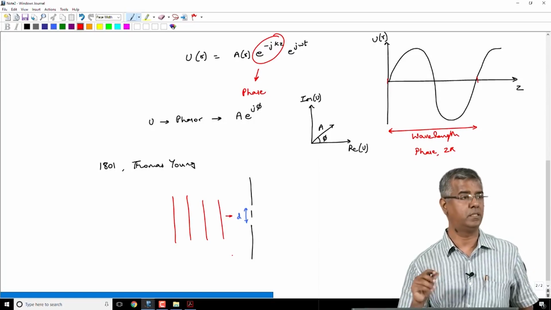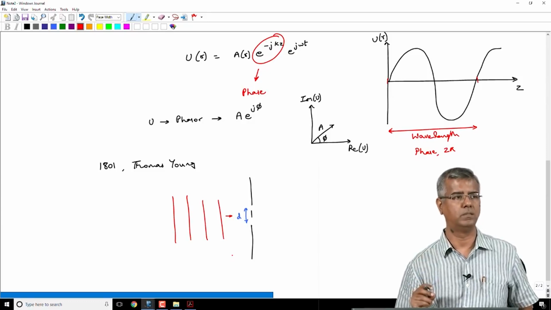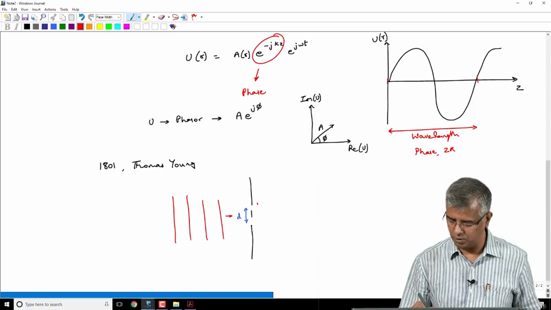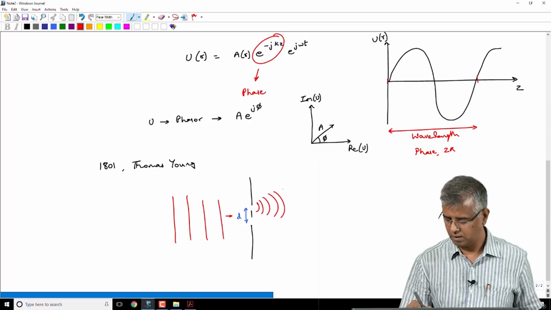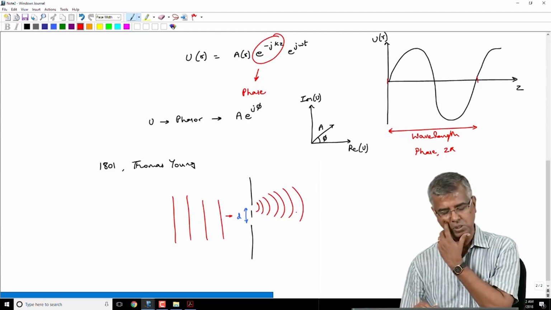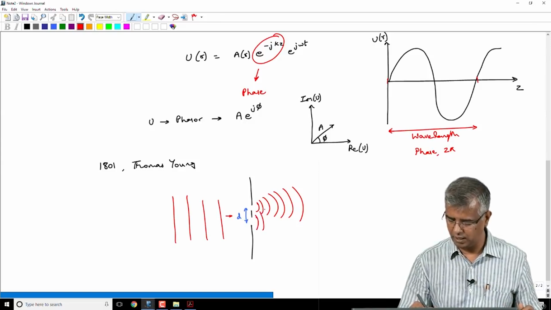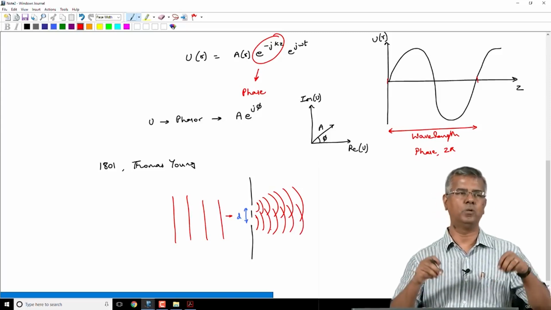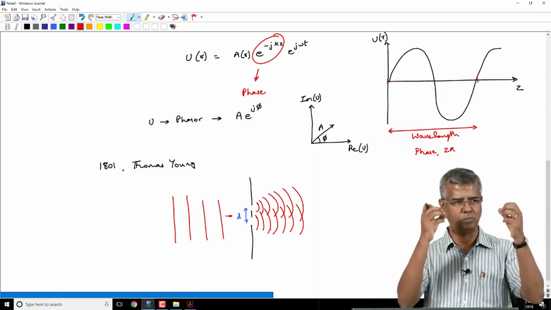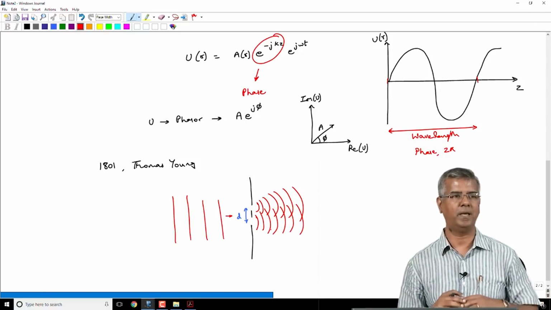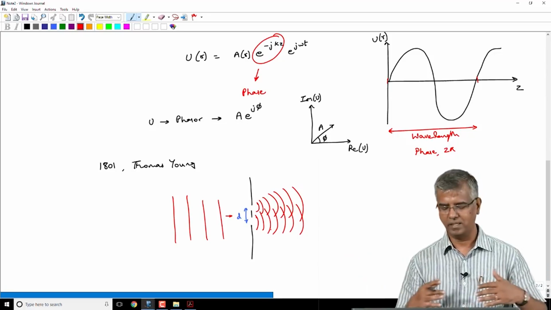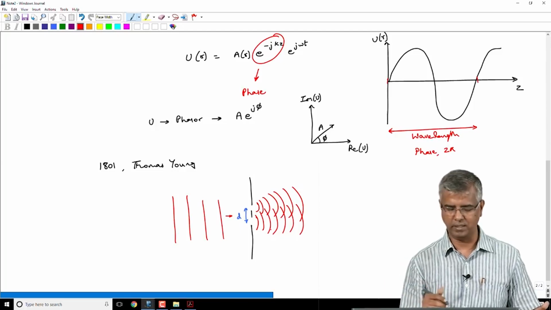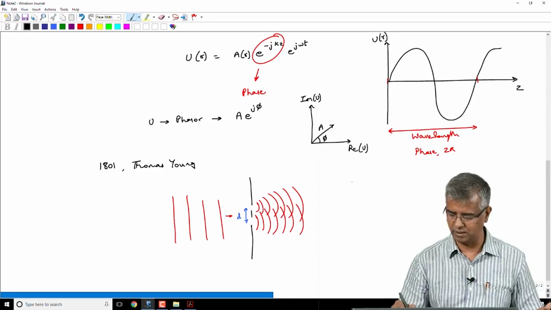Each of those slits was quite small, approaching the wavelength. So effectively this wave goes on like this, and similarly you have another wave like this. It is similar to dropping two pebbles in a bucket of water at the same time: the waves come across and add with each other at some point, and they may cancel each other at some other point.